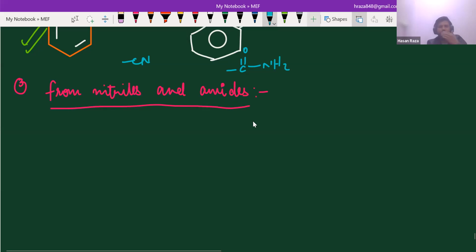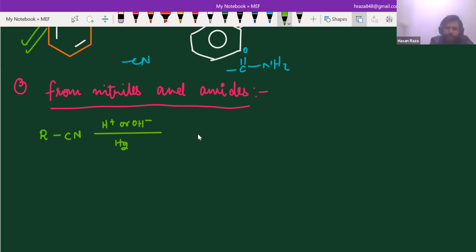So if you have a nitrile like this, you react it in the presence of either acid or base and do hydrolysis. So this nitrile will be directly converted into amide.